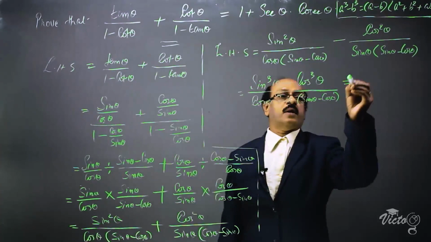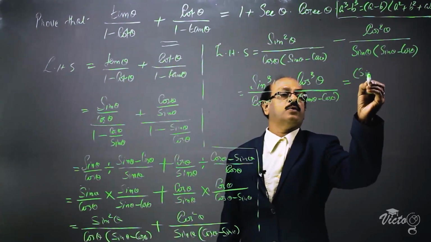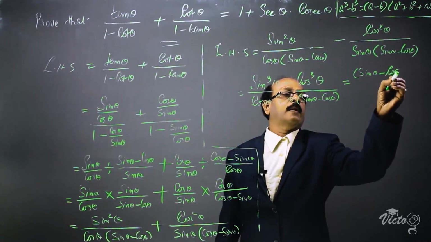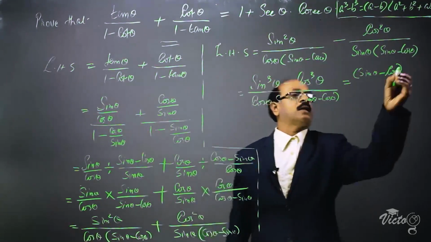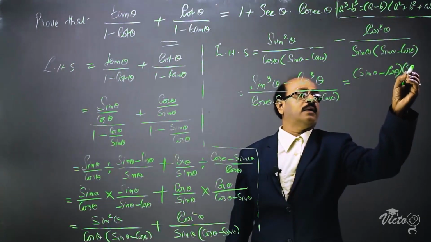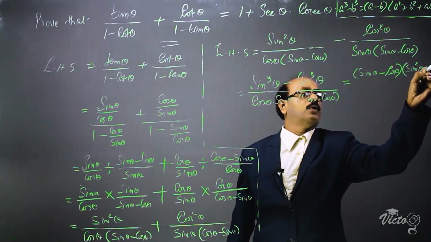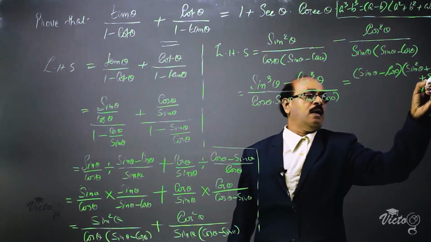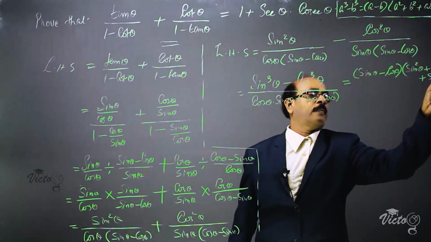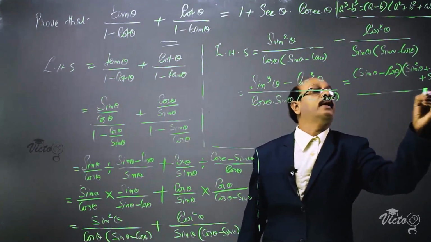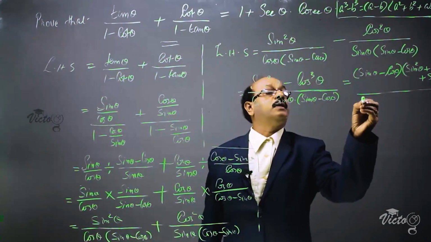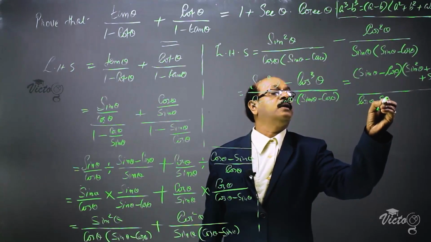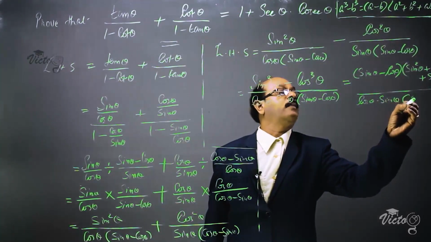So we have to use it here. The first factor is sin theta minus cos theta. The second is sin square theta plus cos square theta plus sin theta into cos theta, the whole divided by cos theta into (sin theta minus cos theta).